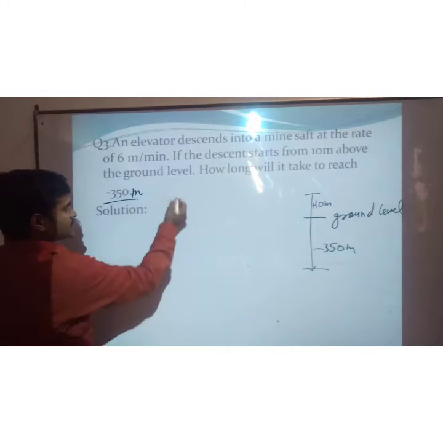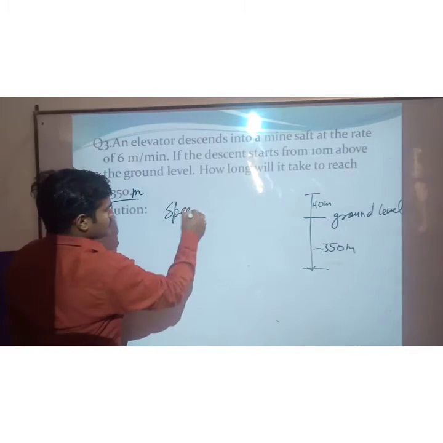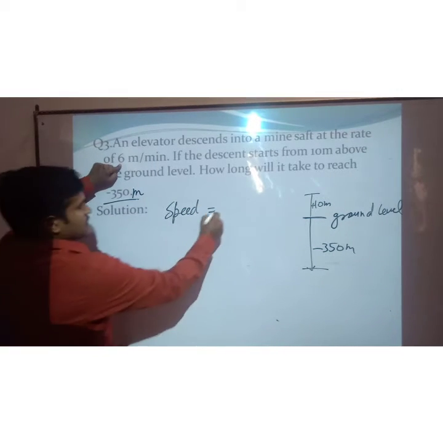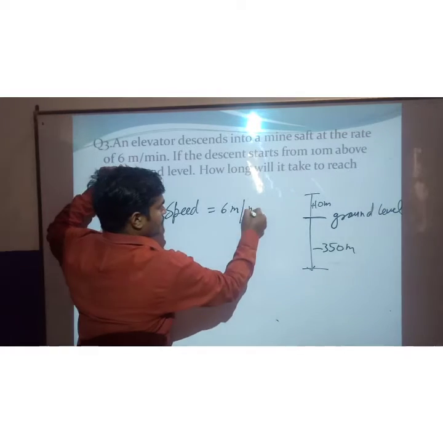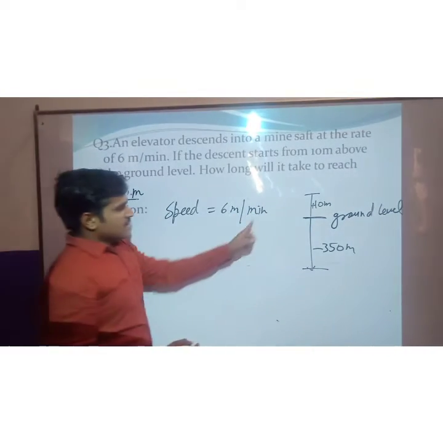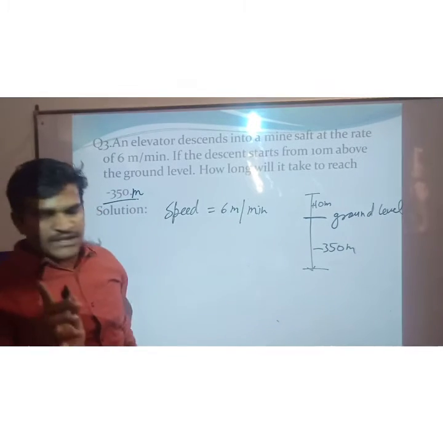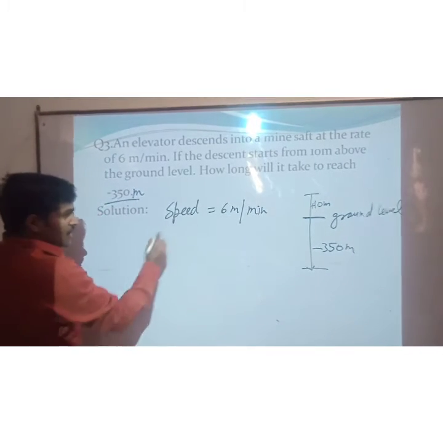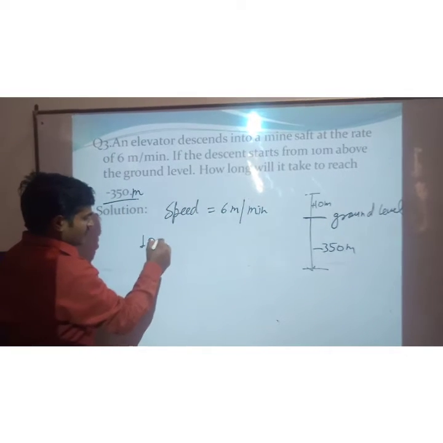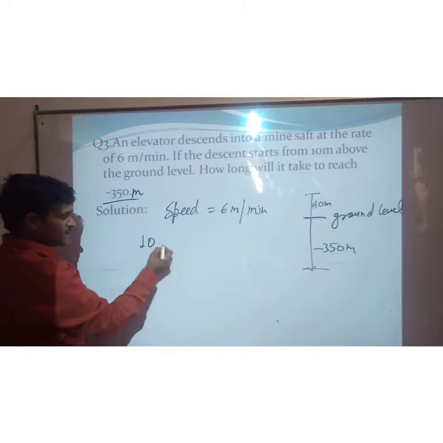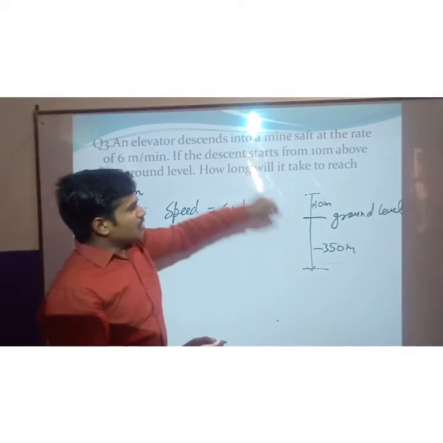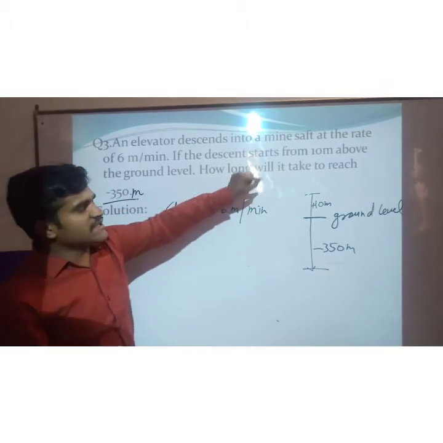According to the question, the speed is given as 6 meters per minute. Now, starting from 10 meters above, that is positive, and going to 350 meters below, how long will it take to reach?